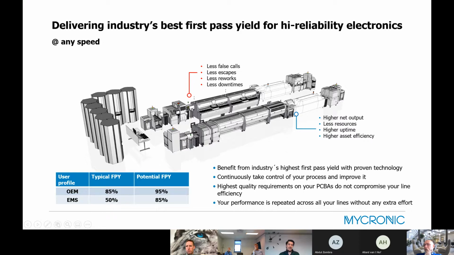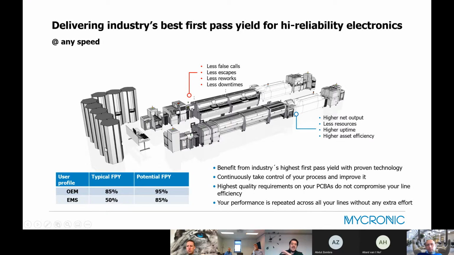It is, for sure, at the beginning of the line with the SPI, to get fewer false calls, fewer escapes, fewer reworks and downtimes, and also, in the middle before the oven, or even at the end with the AOI, a higher net output, fewer resources needed, a higher uptime, and higher asset efficiency. These are things where we can help.